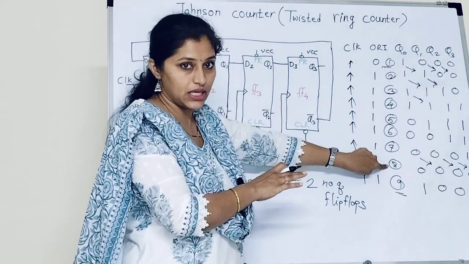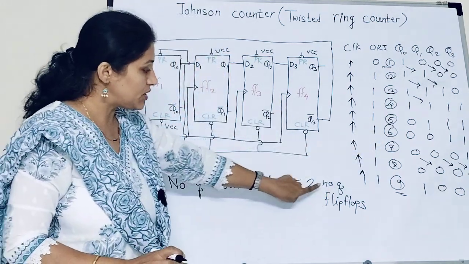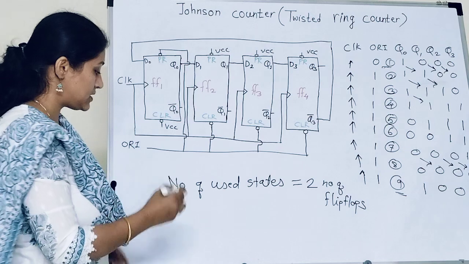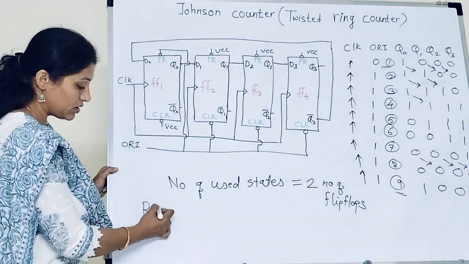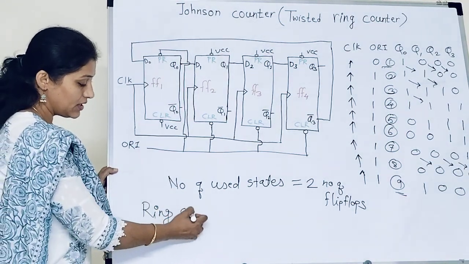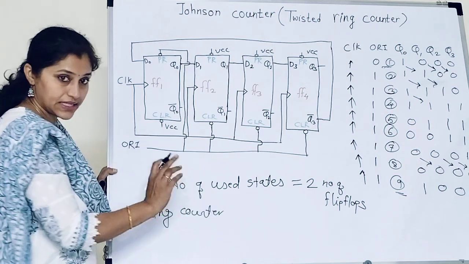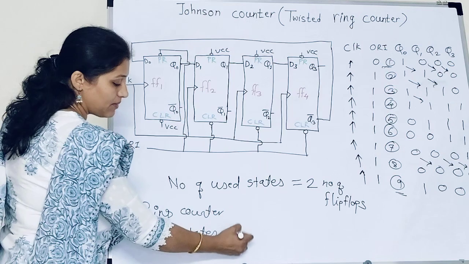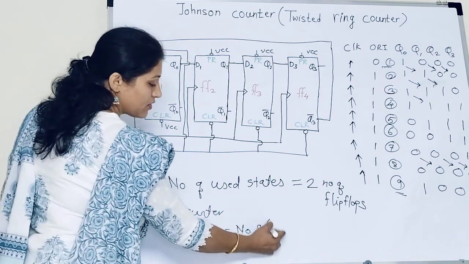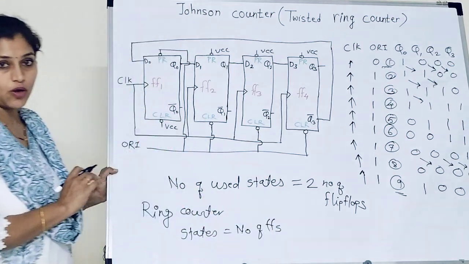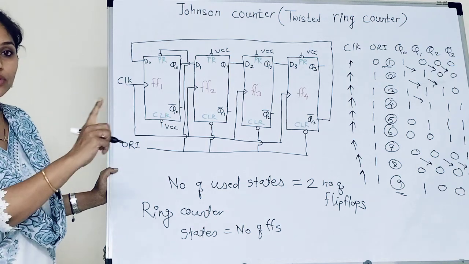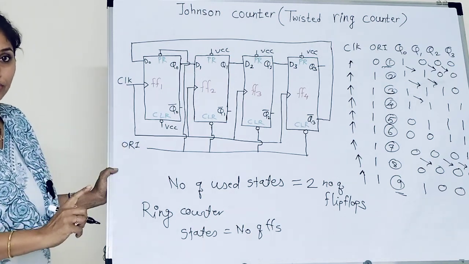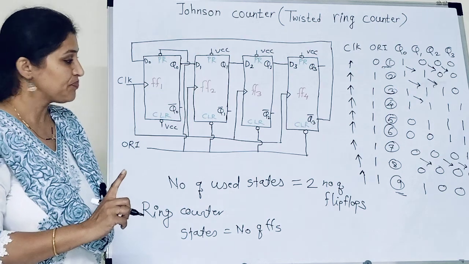They are not the same. So 2 times the number of flip-flops. Whereas in the case of a ring counter, the number of states is the same as the number of flip-flops. That is the basic difference between a ring counter and a twisted ring counter or Johnson counter.